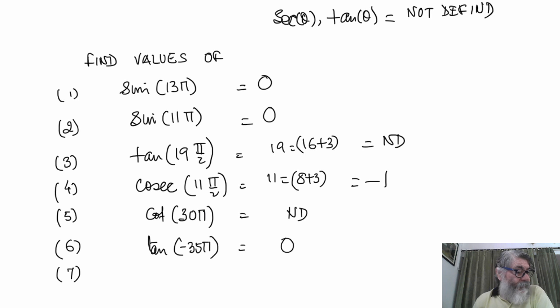7th is sec minus 13 pi by 2. First of all, forget about the minus sign when it is a multiple of pi by 2. Divide 13: 4 3s are 12. One remainder is there. But because the minus sign is there, the direction reverses.